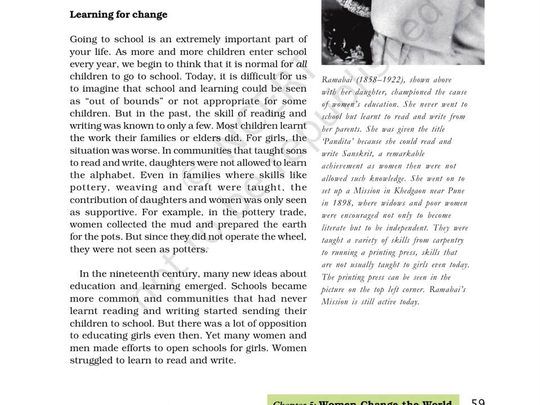She was given the title Pandita because she could read and write Sanskrit, a remarkable achievement as women then were not allowed such knowledge. She went on to set up a mission in Khedgaon near Pune in 1898, where widows and poor women were encouraged not only to become literate but to be independent. They were taught a variety of skills from carpentry to running a printing press, skills that are not usually taught to girls even today. The picture of the printing press is given here on the top left corner of this page. Ramabai's mission is still active today.